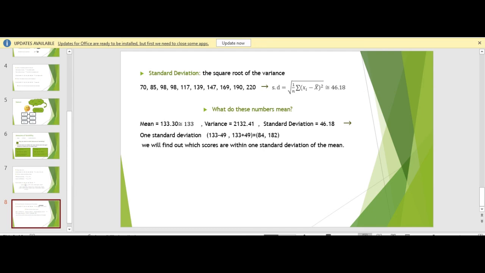But where did these numbers come from? 84 is equal with 133 minus 49, which is mean minus standard deviation. And 182 is equal with 133 plus 49, which is mean plus standard deviation. And by looking at our distribution, we know that we have 6 scores that fall within one standard deviation of the mean.